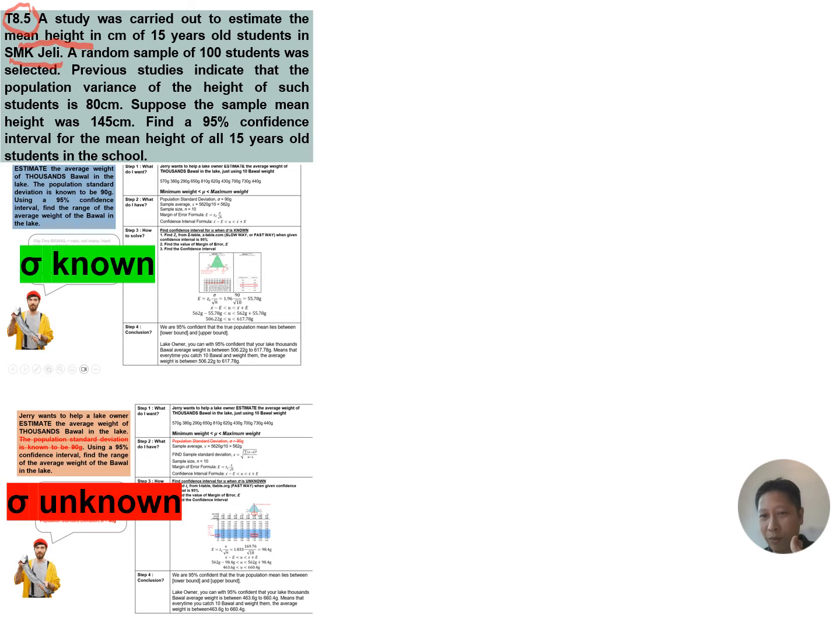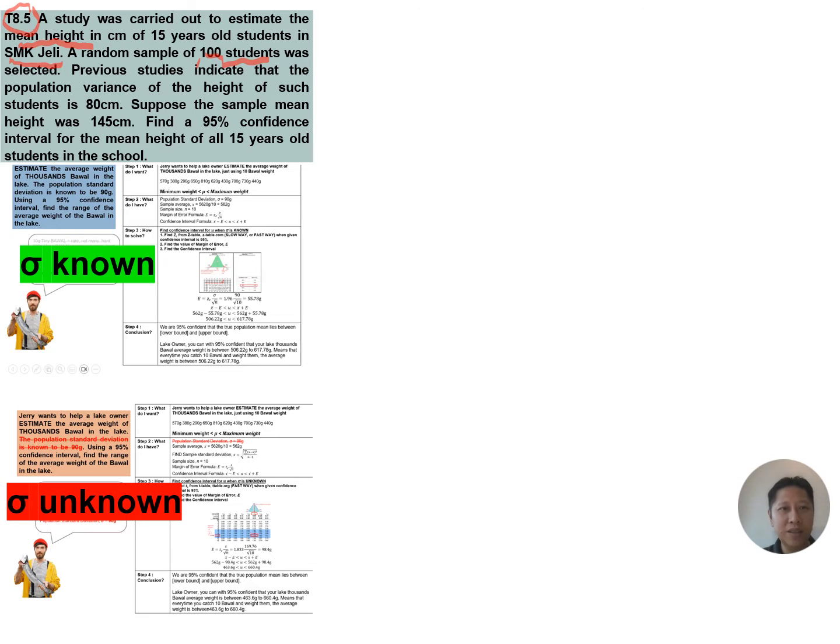We are not taking from Form 1 to Form 5 students. We just select the 15 years old students. We know that we have a lot of 15 years old students, but because of time constraints we just select 100 students.